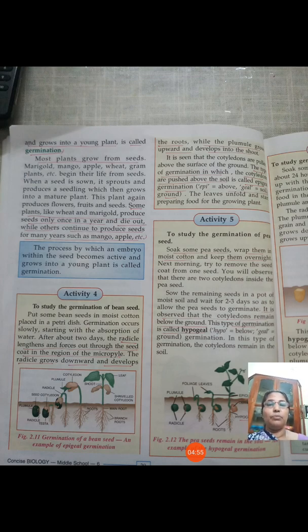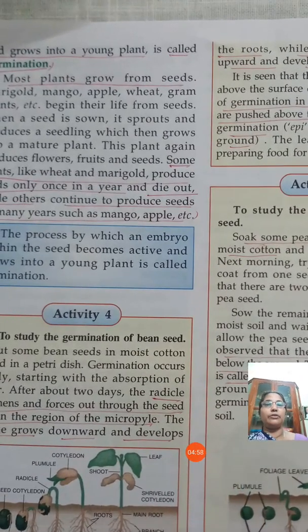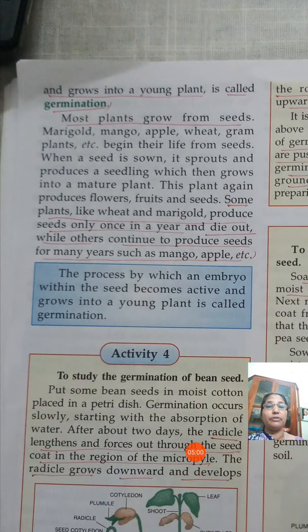We know that many of the plants will grow from seeds. But many plants give rise to new plants from their stem. Rose is an example, or hibiscus. We can produce a new plant from its stem.